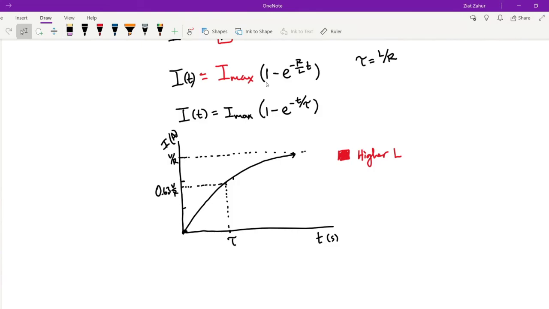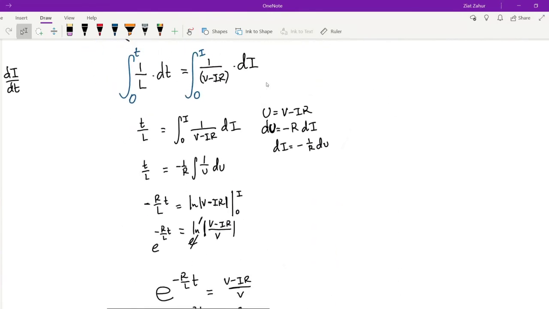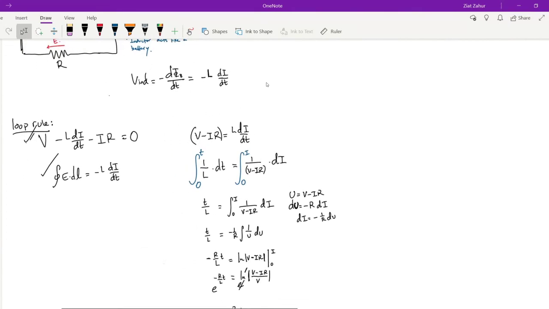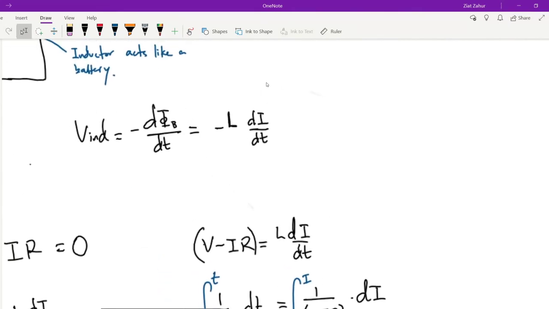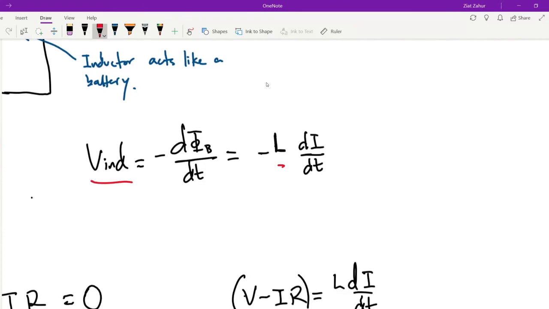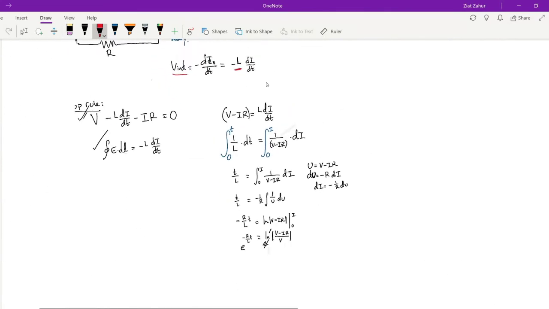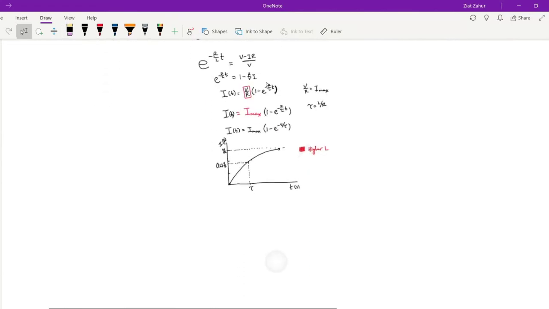Does more inductance mean it fights harder? Well, based on induced voltage, you can see how the induced voltage is directly proportional to the amount of inductance you have. If you have a stronger inductor, it's going to fight more than a weaker inductor. So yeah, it takes longer.